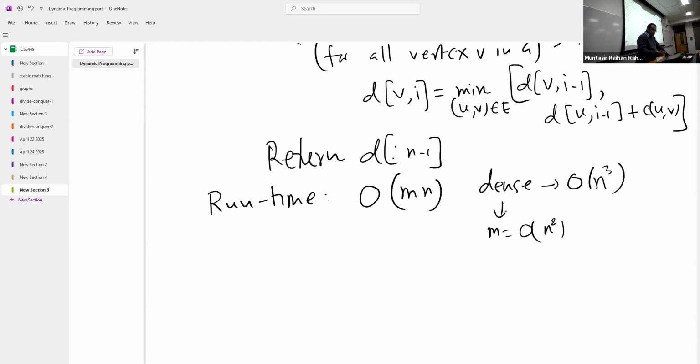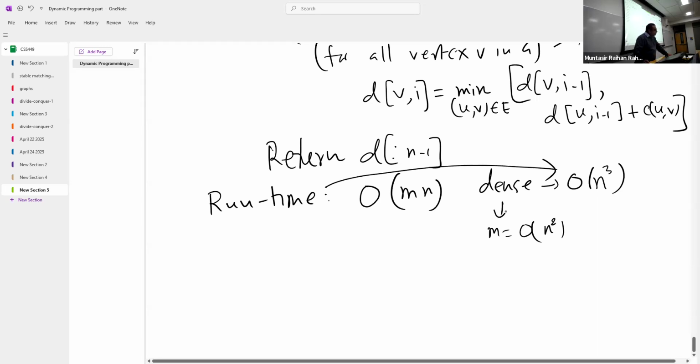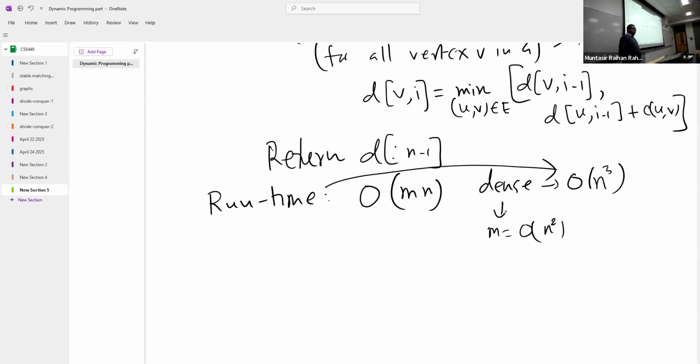But if m equals O of n squared, then this runtime is going to be order of n cubed. But when we say a runtime, we say it in terms of the input size. What is the input size of the graph? It's dependent on how complete it is. It's dense, so it has n squared edges.